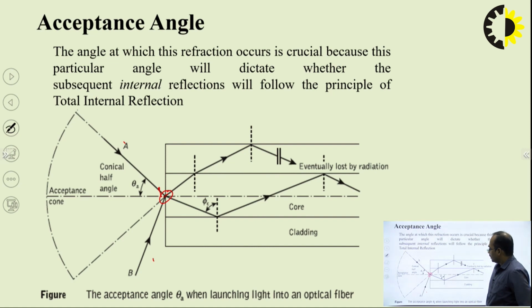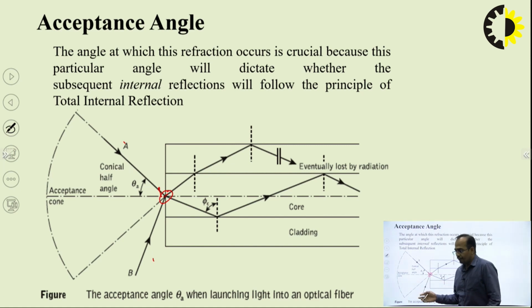The angle of acceptance can be calculated using this phenomenon. If this angle of incidence is greater than the critical angle, it will not be in the range of the acceptance angle.